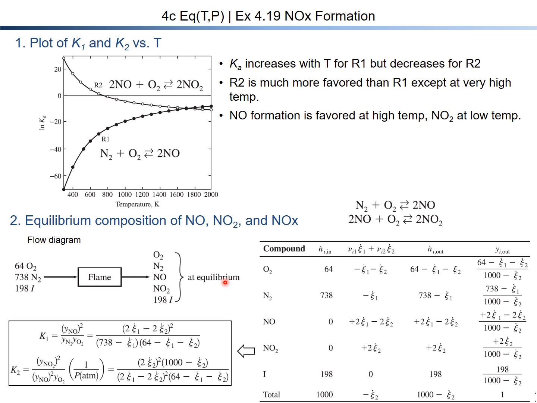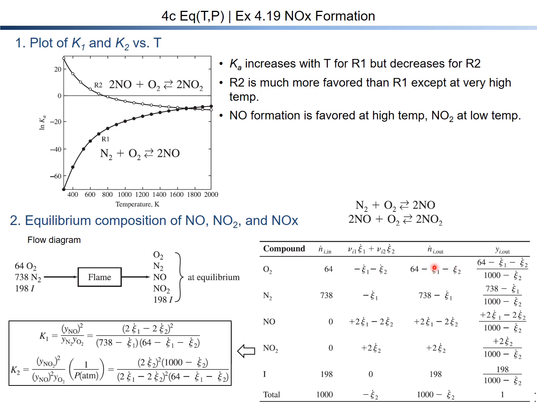Let me use the extent of reaction of reaction 1 and reaction 2 to describe the output mole flow rate in the exit stream. The input information is given for the oxygen, nitrogen, and inert, and the generation or consumption term is given using the unknowns Xi1 and Xi2.